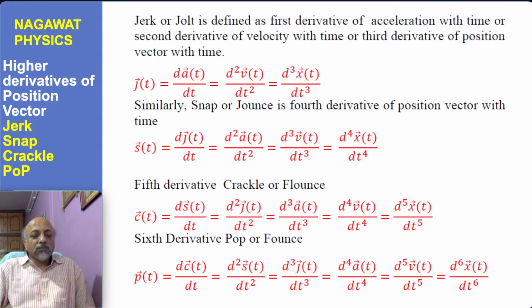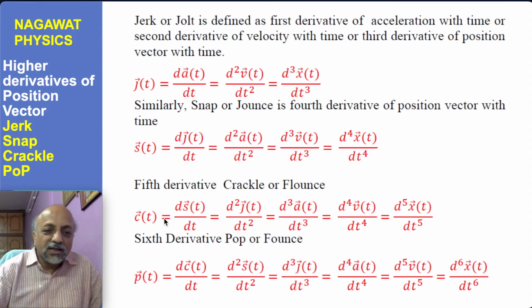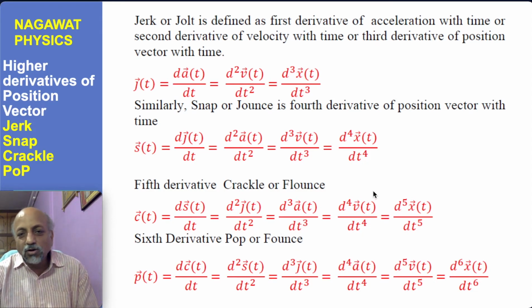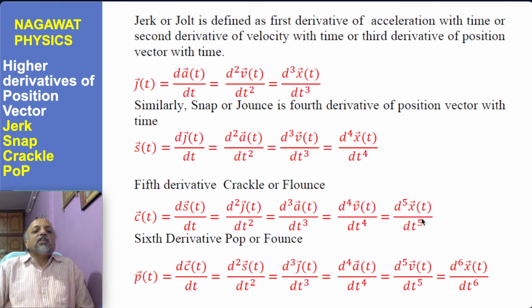The fifth derivative in literature is known as crackle or flounce. So you can use the word crackle or flounce, whichever you like, and if you find a question where crackle or flounce is asked, what you have to do? You have to determine the first derivative of snap, which is the second derivative of jerk, which is the third derivative of acceleration, which is the fourth derivative of velocity, and the fifth derivative of position with respect to time.